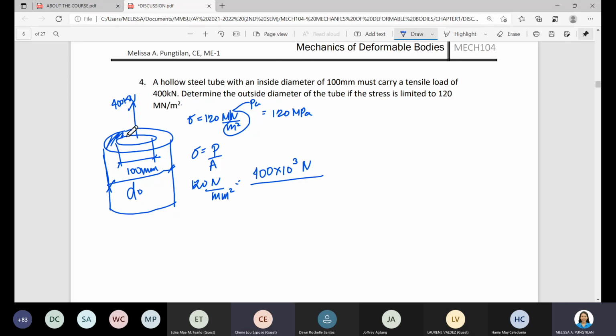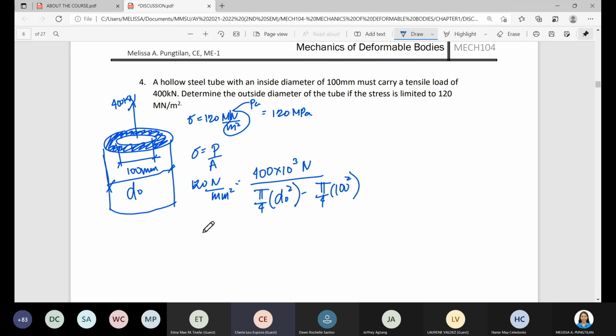This one. Since hollow yung ating tube, walang laman yung loob, ito lang yung magiging resisting area. So, it is equal to pi all over 4, the outside diameter squared minus pi all over 4 of 100 squared.